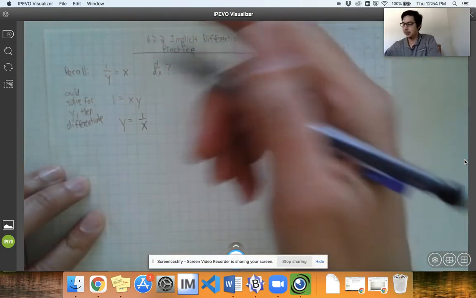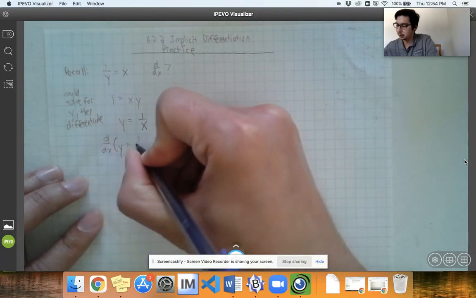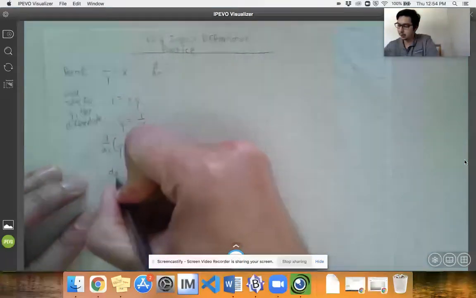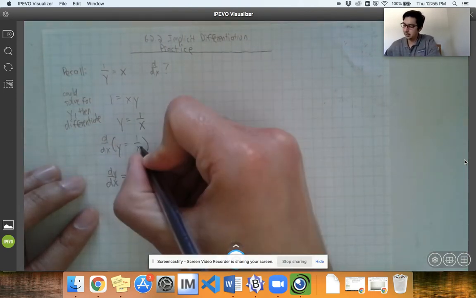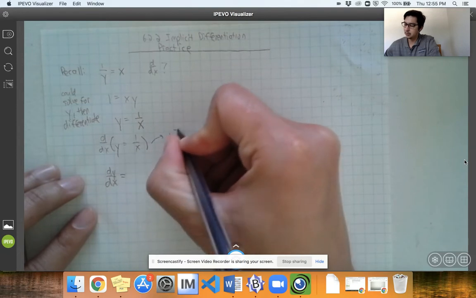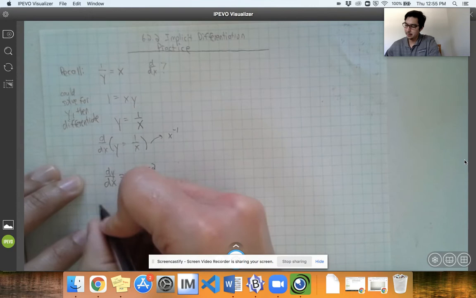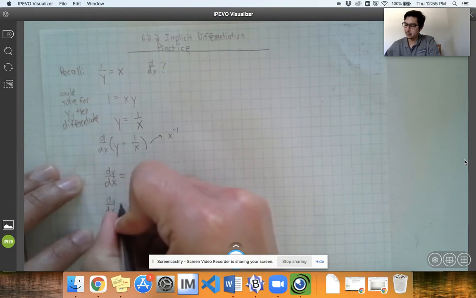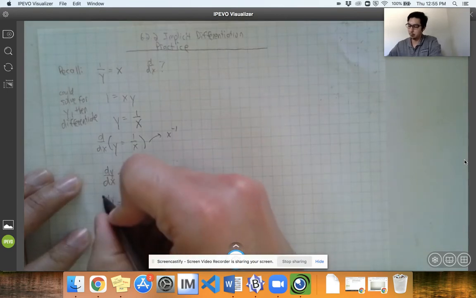And then if you were to take the derivative of both sides, so what's d dx of y equals 1 over x, you would have that the derivative dy dx is going to equal, well, this is the same thing as x to the negative 1. So then with the derivatives, that would become negative x to the negative 2. Then I could write that as negative 1 over x squared. And that's great, and that works.